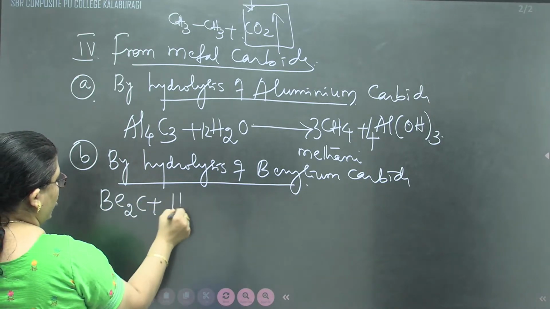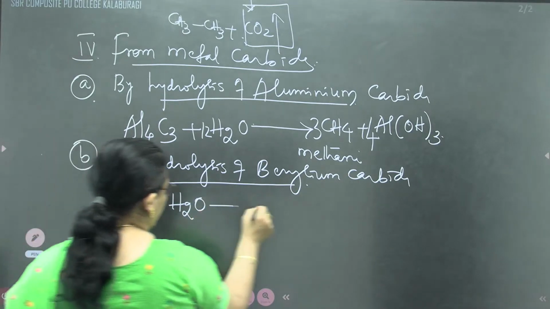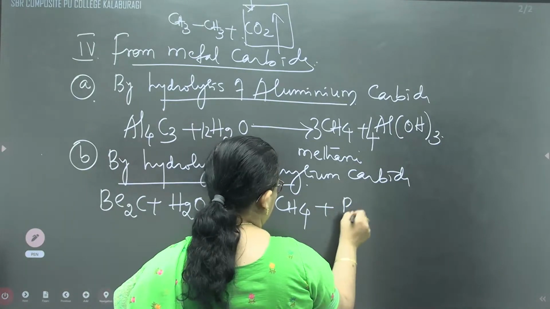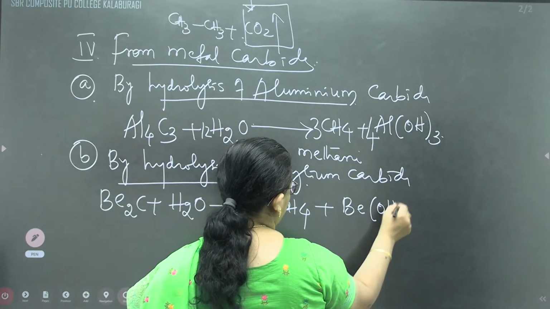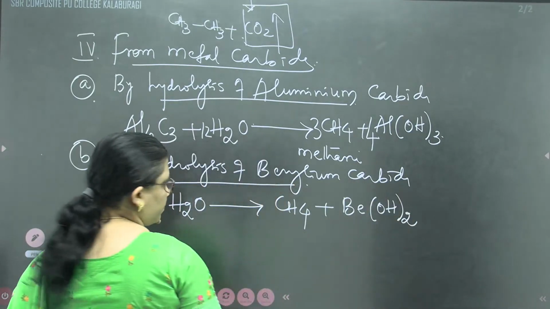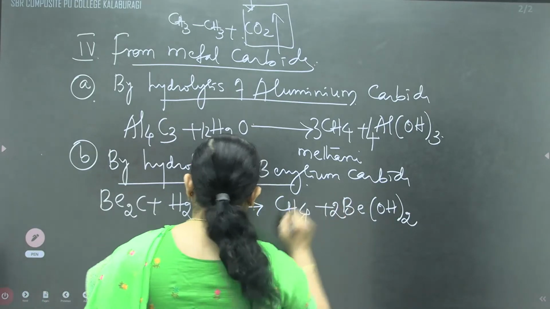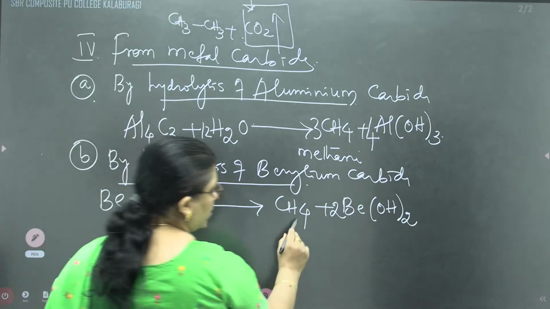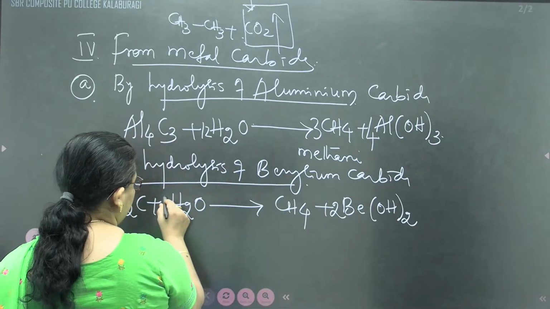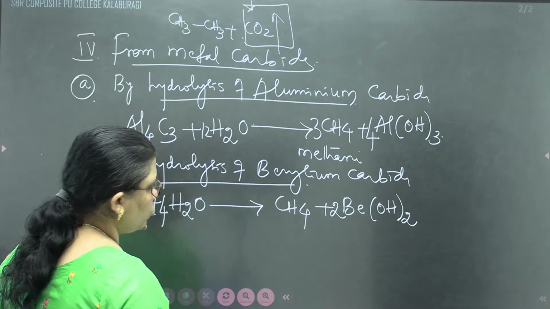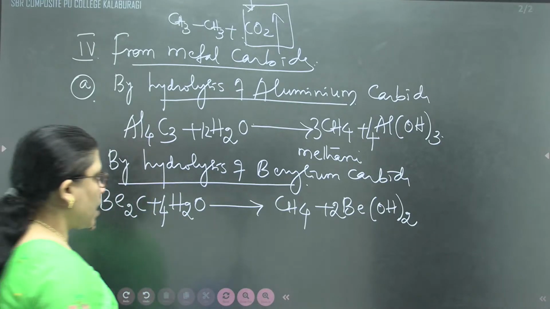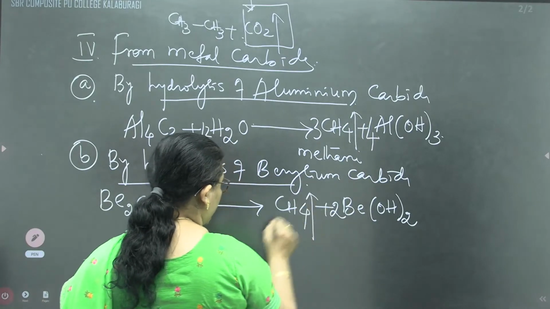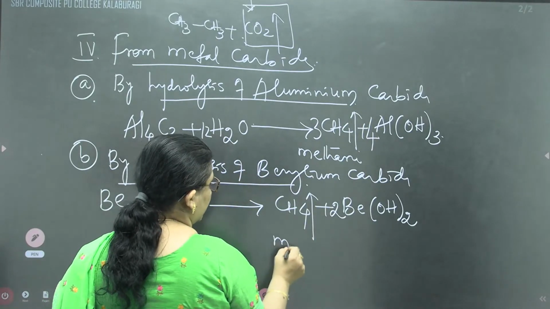Beryllium carbide hydrolysis will produce methane along with beryllium hydroxide. Beryllium hydroxide, 2 to the 4 we can say. 4 plus 4 will be 8. This I'll take as 4. Is it correct? 2 to the 4. Yes. Lower hydrocarbons are gases in nature. Methane.